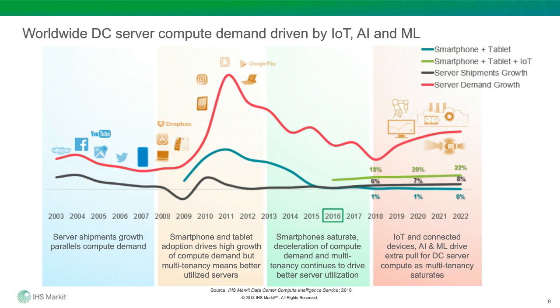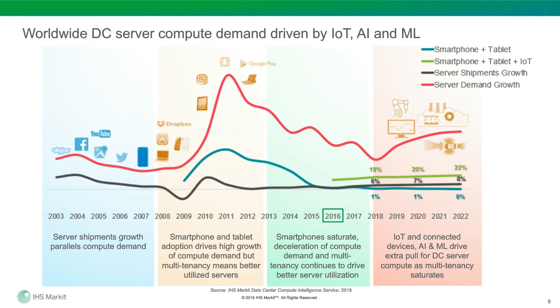In this graph, the dark gray line highlights server shipments growth, and the red line highlights the growth in demand for DC server compute measured in SPECint. In the very first part of the horizon over there between 2003 and 2008, you see server shipments grow in parallel with compute demand.